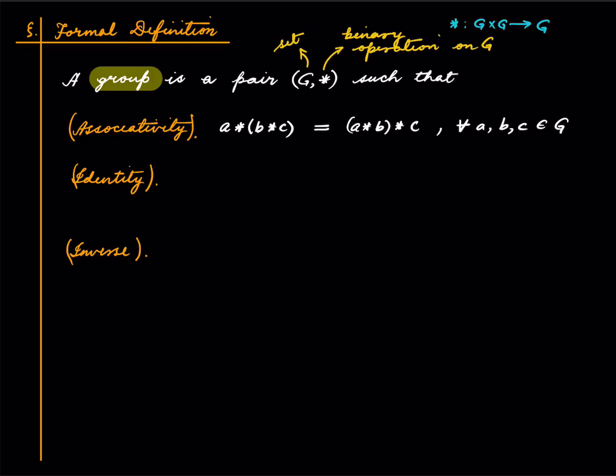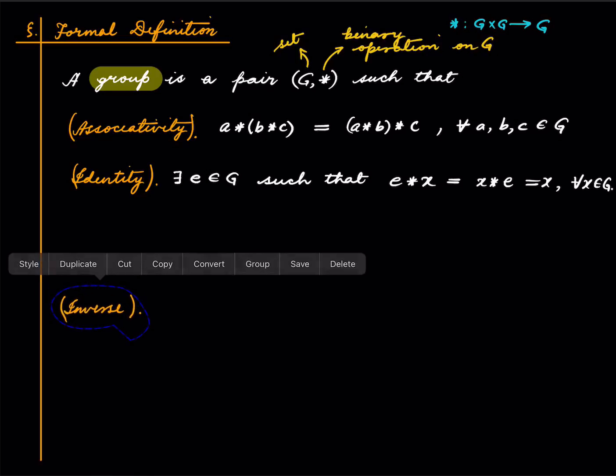Identity. Identity insists that there is an element E in G such that E star X equals X star E equals X for all X in G. So this is like the zero of real numbers.